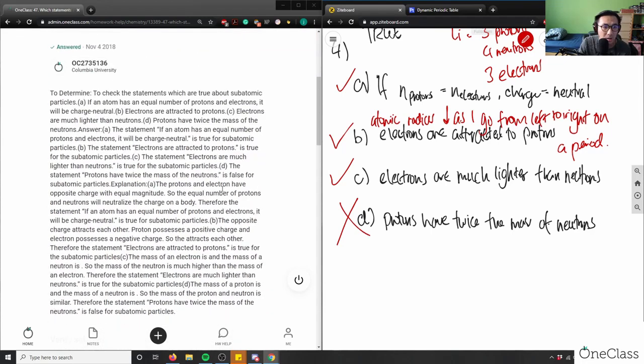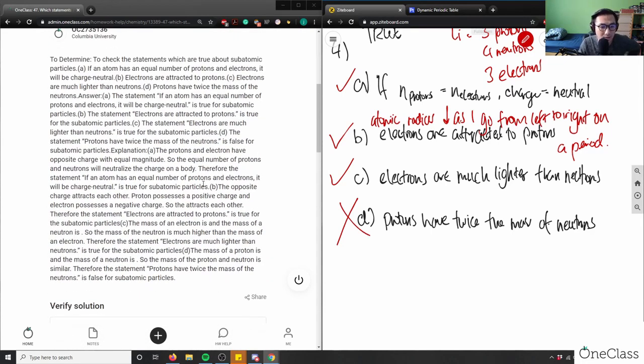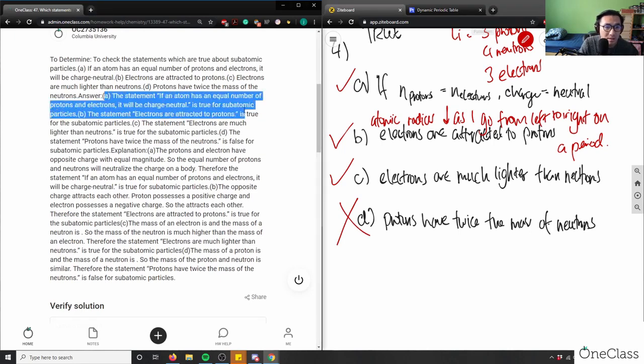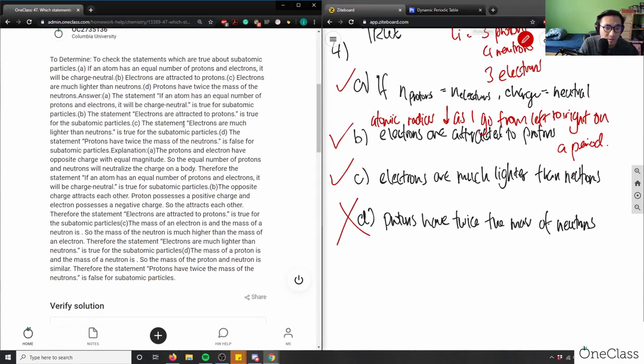Now let's look at the given solution. Answer A is true for subatomic particles. That's good. B is true. C is true. D is false, and then they explain it. They said protons and electrons have opposite charges with equal magnitude. That's good.